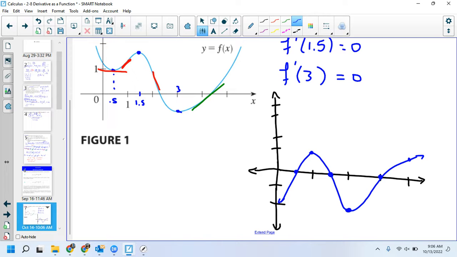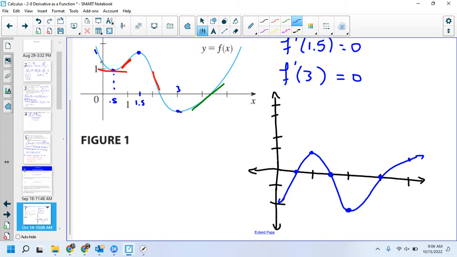Okay. Now, what is this telling me? We are going to spend a lot of this year focusing on the difference between the graphs of f and f prime and how they relate to one another. There are a ton of different correlations here. For example, the first one that we picked out: the maximum and minimum points of f are the zeros of f prime. Another thing, look at the slopes here.